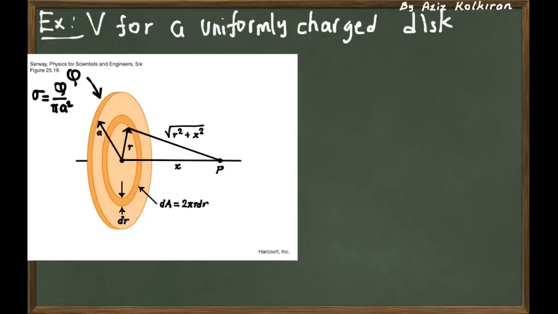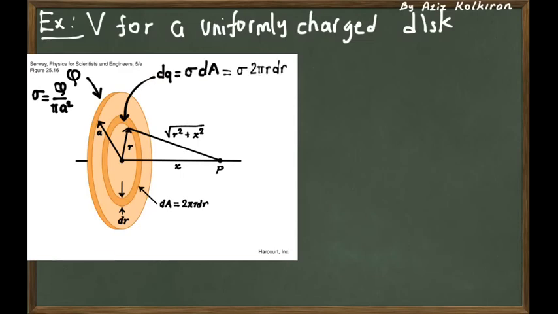So before that, let's express the surface charge density of the disk as the total charge divided by the surface area, pi a squared, and our dq will be the total charge on these rings having radius r. So we will express this total charge dq on this ring in terms of the distances and the surface charge density.